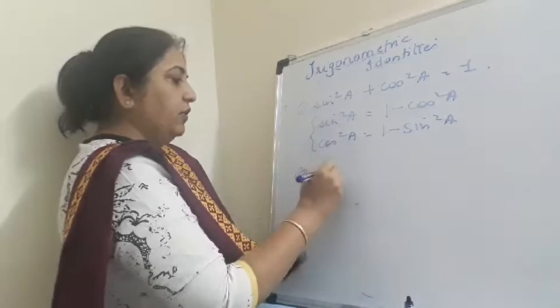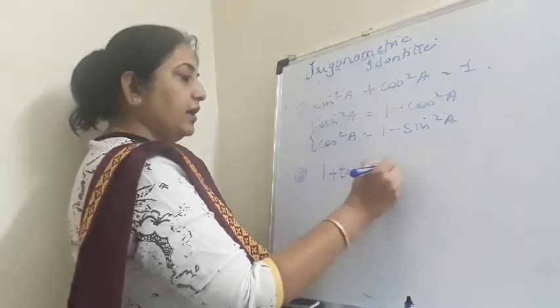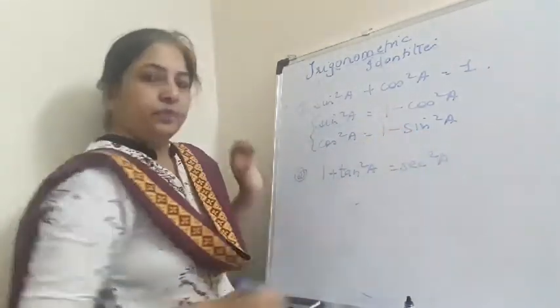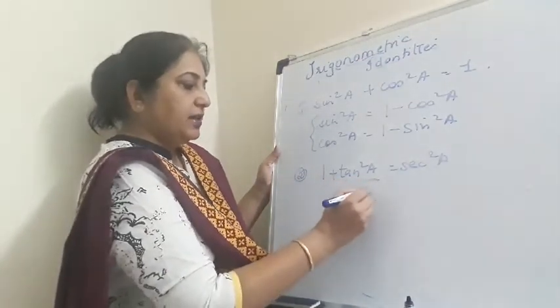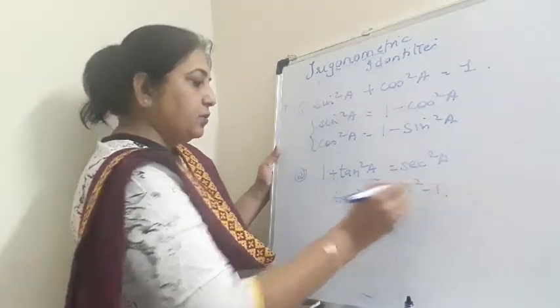Number 2, we know that 1 plus tan square A is equal to sec square A, right? Now what do we want? Suppose I want tan square A. I can write it as sec square A minus 1.